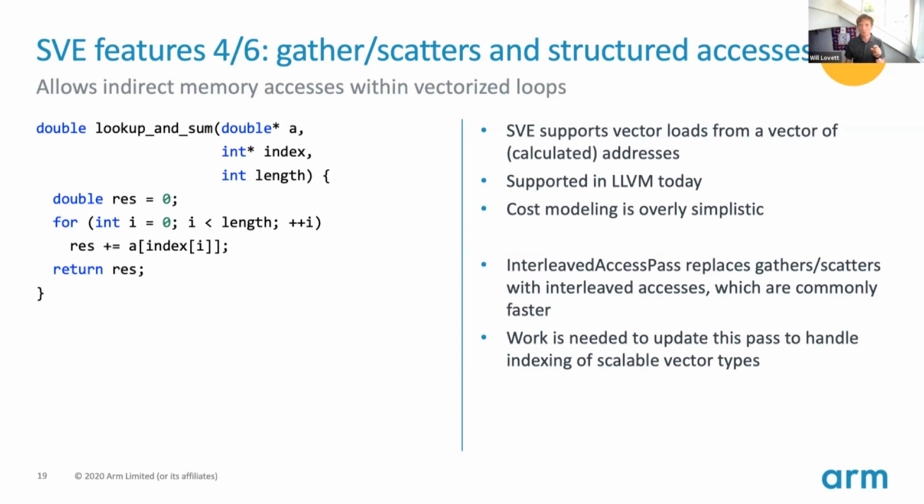This suffers from a similar problem to shuffle vector that I mentioned before, where the index patterns that it's looking for are fairly hard-coded. So this needs to be updated to support the concept of every second lane, for example, without having to explicitly describe that as a series of constant indices.